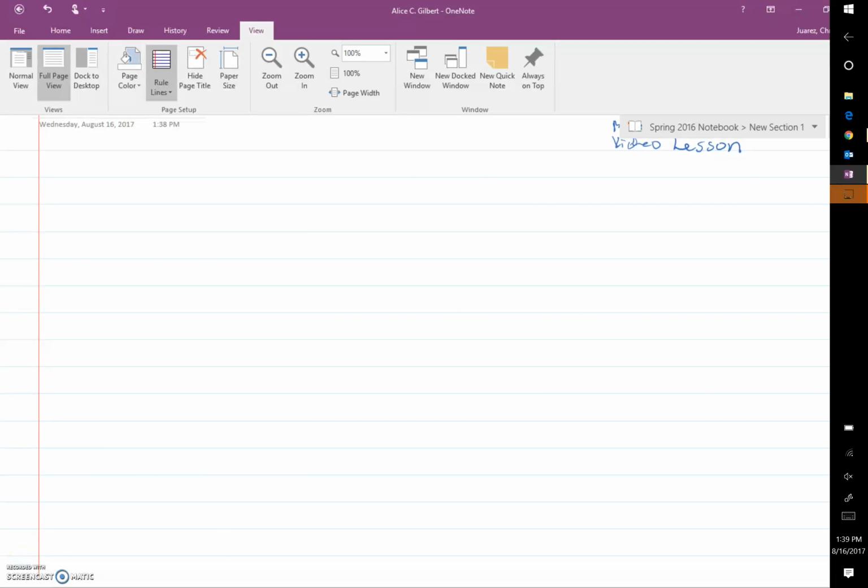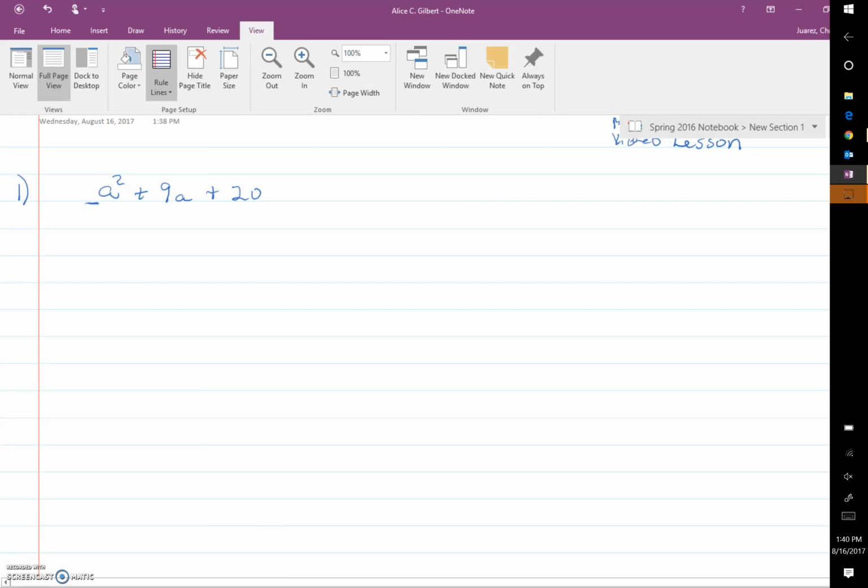All right, now we are ready to go on to rule number 3. So we're going to start with rule 3A. Rule 3A says that we have a trinomial and the coefficient in front of the first term is a 1, okay?